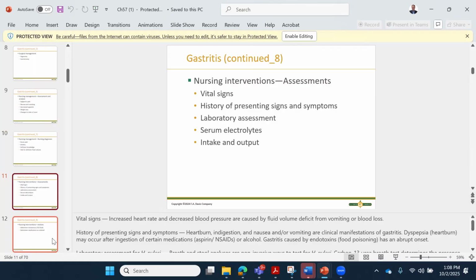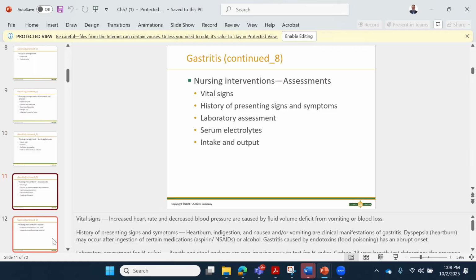You could have a loss of oncotic pressure, and the patient could have what's called relative hypovolemia, to where they truly do not have a loss of fluid overall, but the fluid is just not in the intravascular space where you want it.